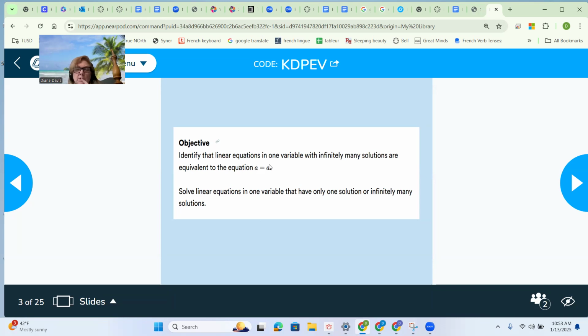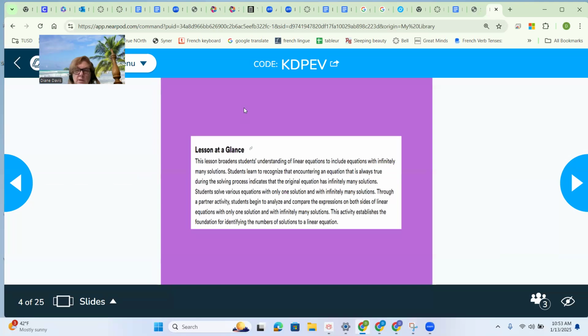Linear equations in one variable with infinitely many solutions are equivalent to the equation A equals A. Solve linear equations in one variable that have only one solution. This lesson broadens students' understanding of linear equations to include equations with infinitely many solutions.